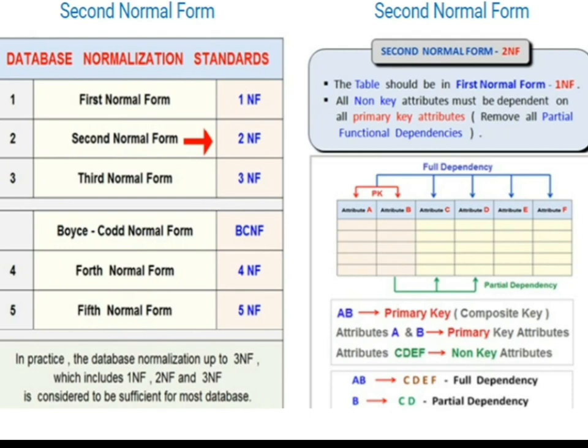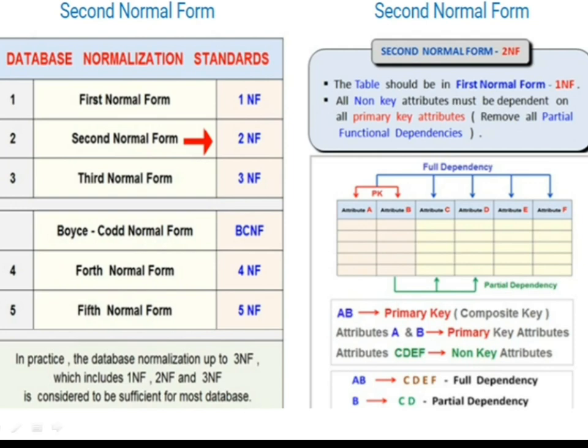If these non-key attributes are dependent on the whole primary key, we say that we have full functional dependency. But if these non-key attributes can be identified by using only one part of the key, we say that this is partial functional dependency.